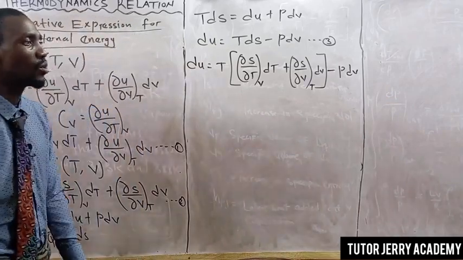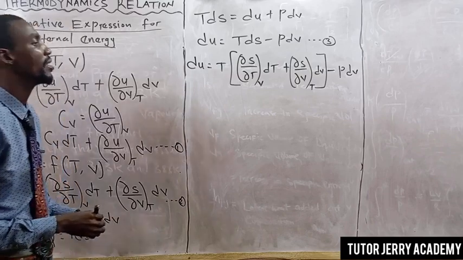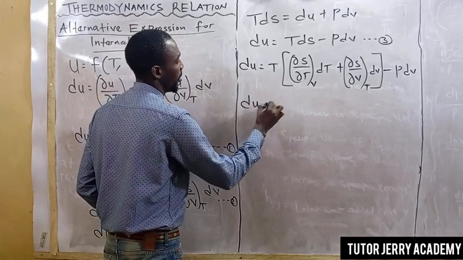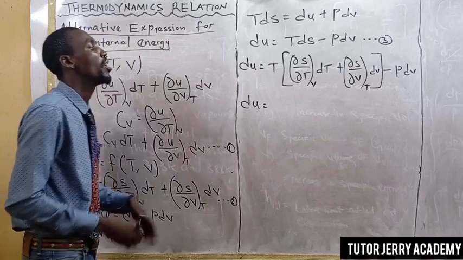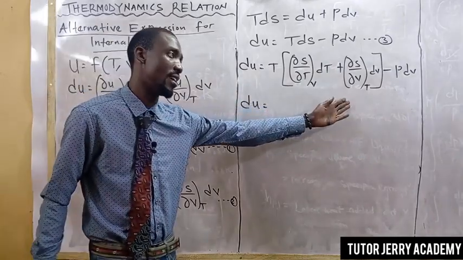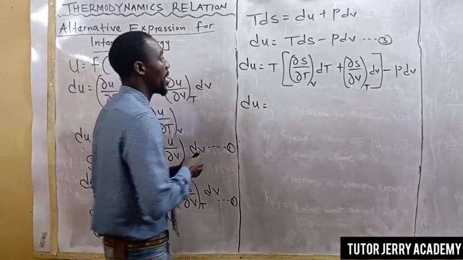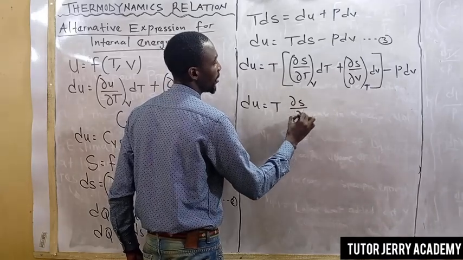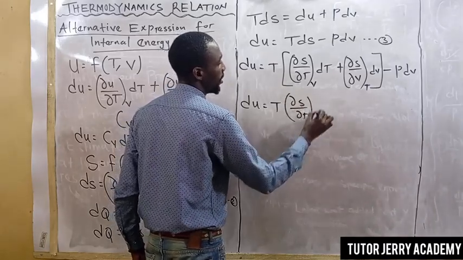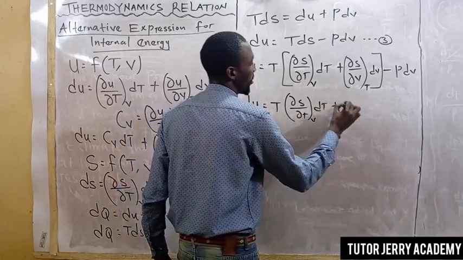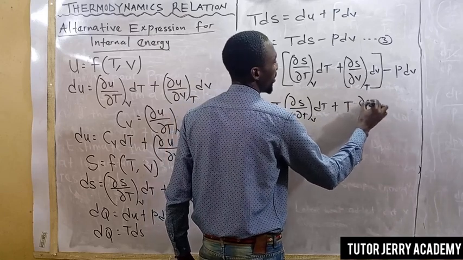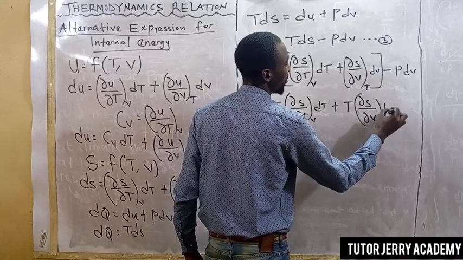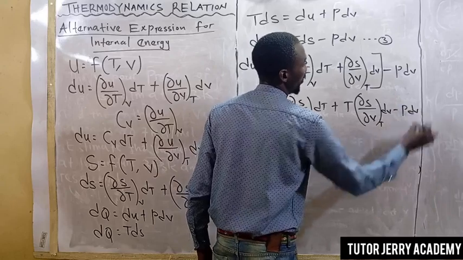All right. So now the next thing we are going to do is say dU will be equal to, if we open this bracket, T partial derivative of S over partial derivative of T, keeping V constant, dT, plus T partial derivative of S over partial derivative of V, keeping T constant, dV, minus P dV.